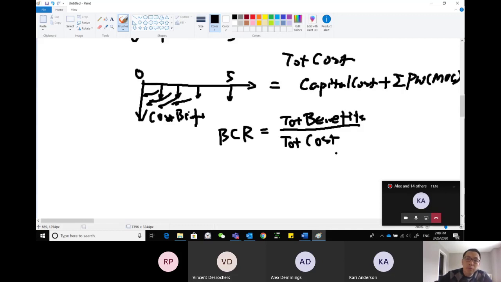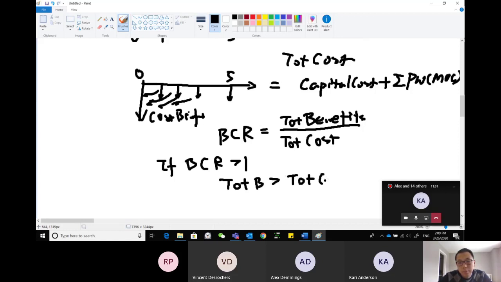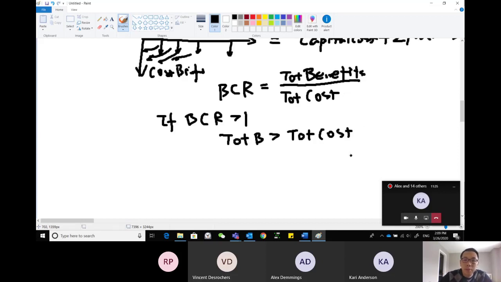So in the case of if BCR is bigger than 1, that will give us the total benefits is bigger than total cost, right? Which means in 5 years this project is viable for the public sector, for the government to invest. So that's good.